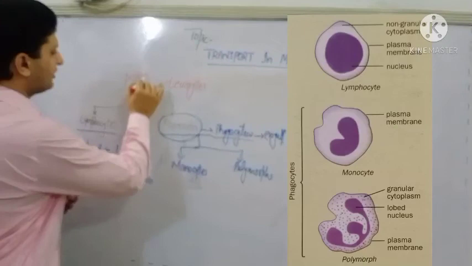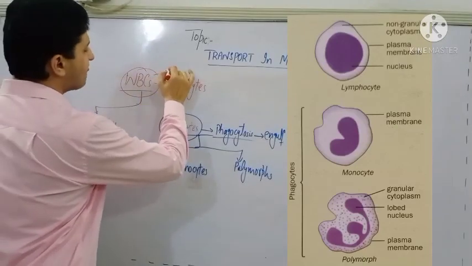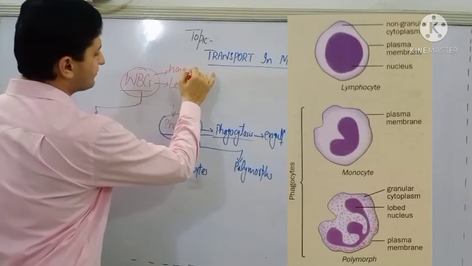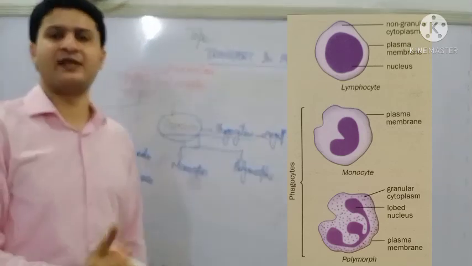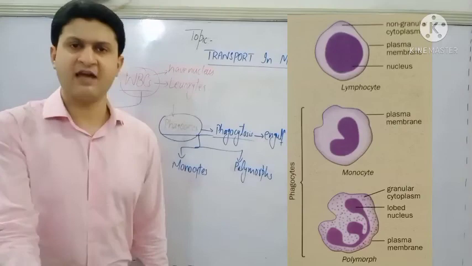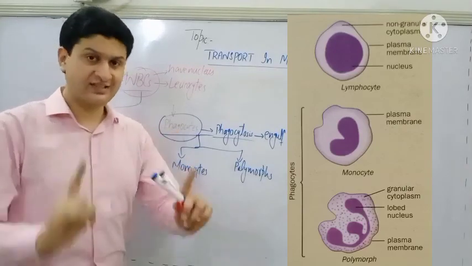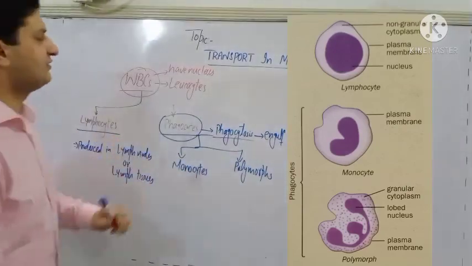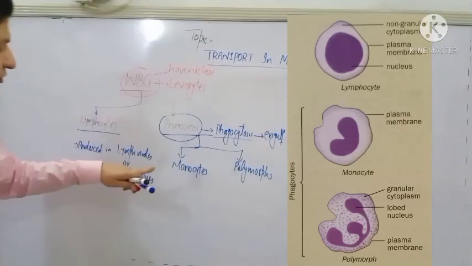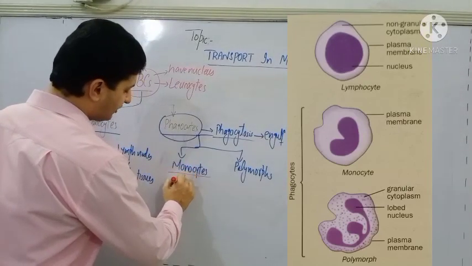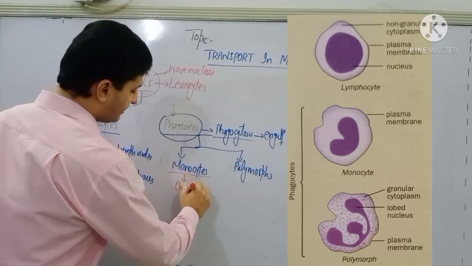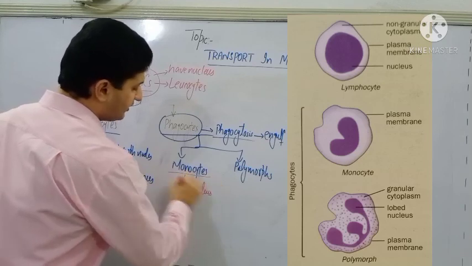Actually, if we talk about the white blood cells, they have a nucleus. But the red blood cells do not have any nucleus. So this is the difference between white blood cells and red blood cells as well. So if we talk about monocytes, then mono means one, so they contain one nucleus.